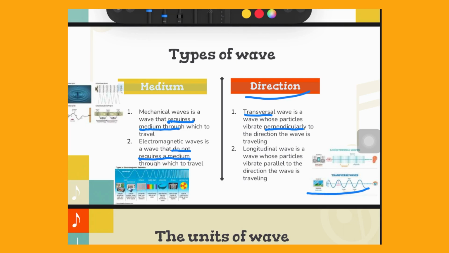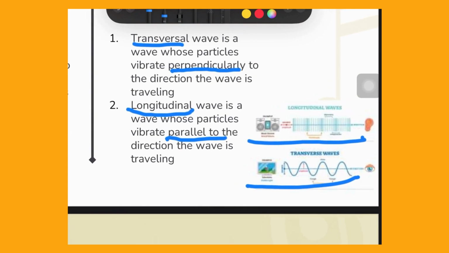And then the second type according to direction is the longitudinal wave, a wave whose particles vibrate parallel to the direction of wave traveling. This is the example of the longitudinal wave. The sound wave is the longitudinal wave here. The transverse wave is the electromagnetic wave.